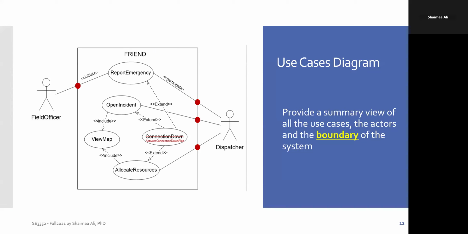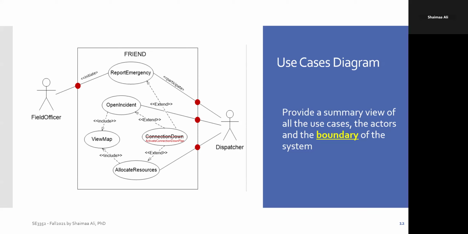But it is a very important visual reminder of what interfaces you need to include, especially when the actors are not users, especially when the actors are other systems. So you need a visual reminder of what is going to be part of your system, what you are going to develop, and what is going to be outside of your system. You're not going to develop it. You just need to create an interface for it.